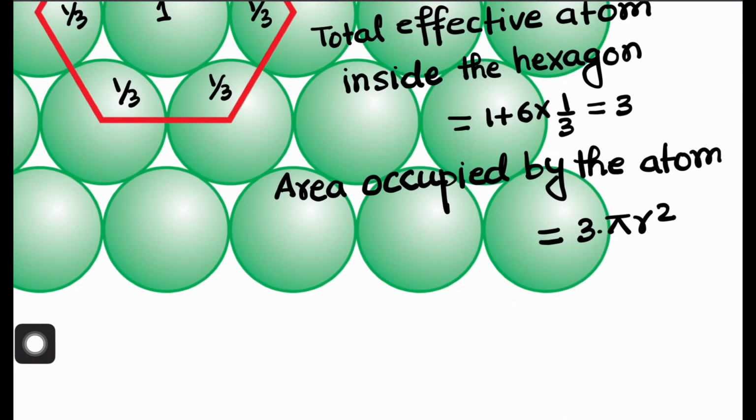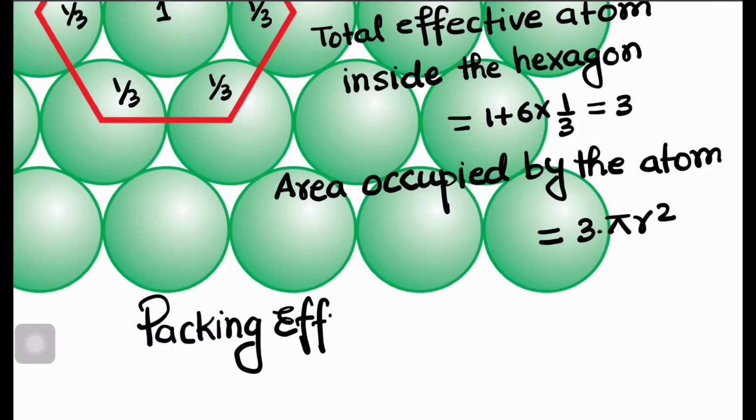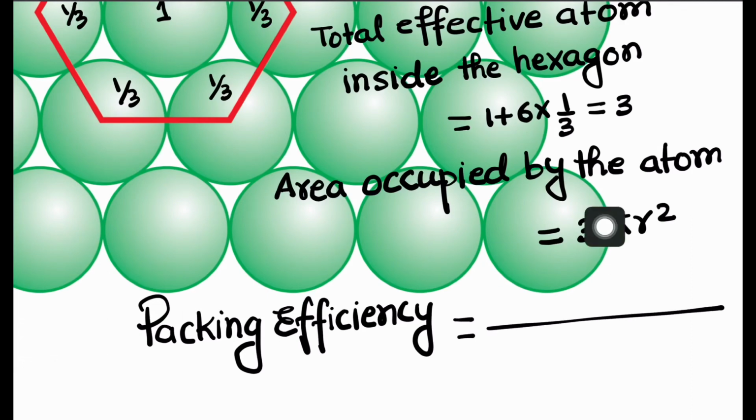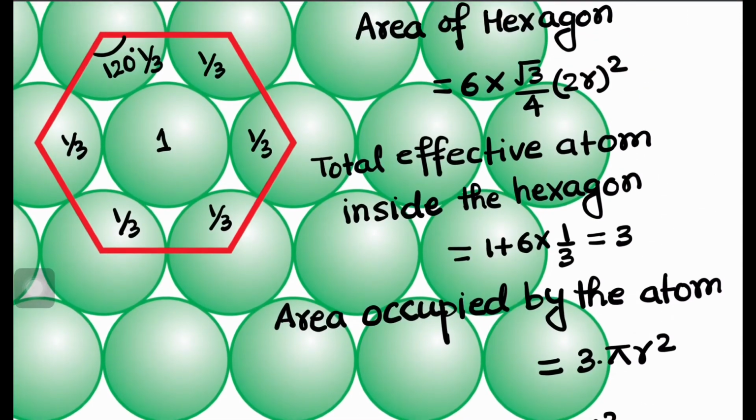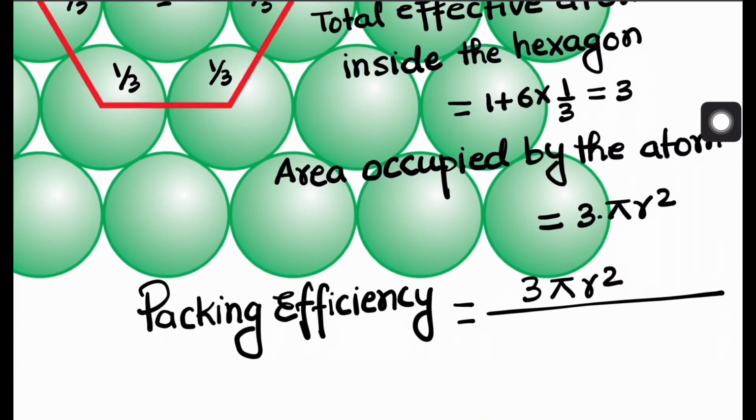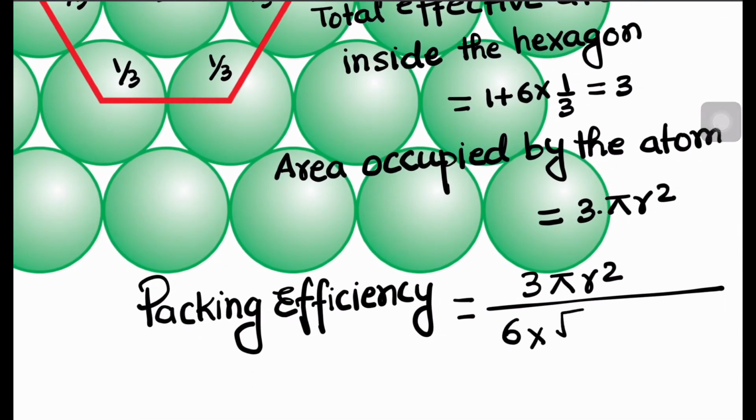So what is the packing efficiency? Now we'll come to the packing efficiency, that is area wise: the area occupied by the atoms, that is 3 pi r square, divided by the total area of the hexagon, that is 6 into root 3 by 4 into side square, that is 2r whole square.